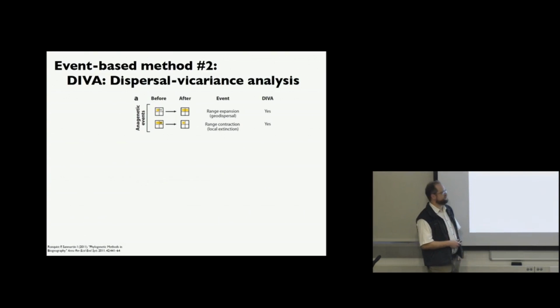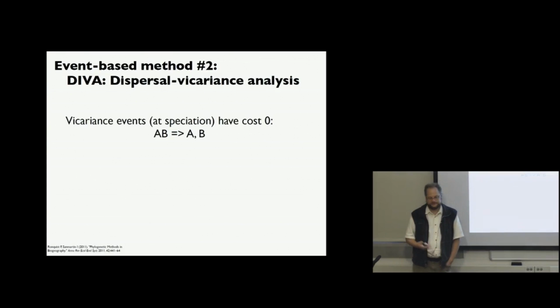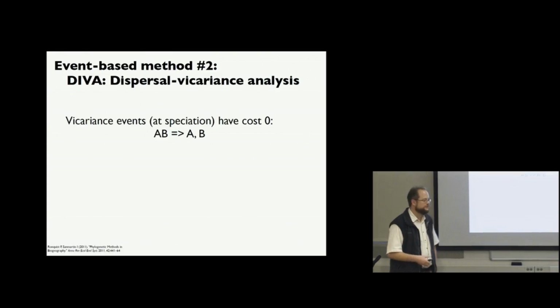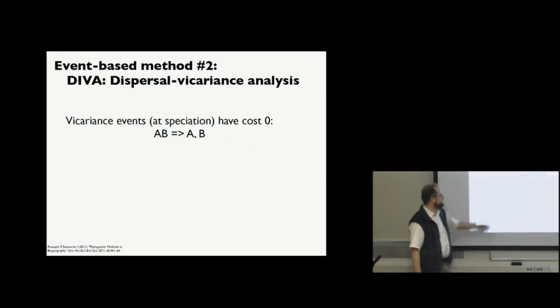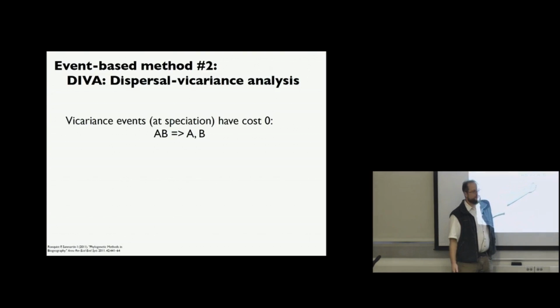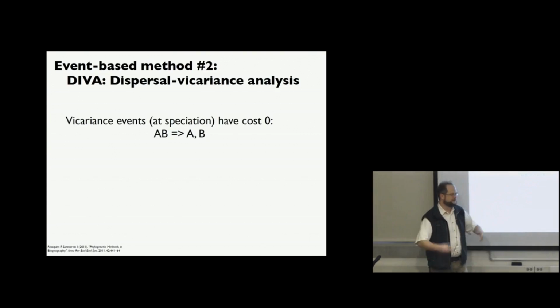That looks like this. These are anagenetic events along branches: range expansion, range contraction. The other nice thing is it's not just a dispersal explanation. The DIVA program has a vicariance explanation, where if you have a widespread ancestor, it can break up and produce descendant species in subsets of the range. DIVA is a parsimony method.